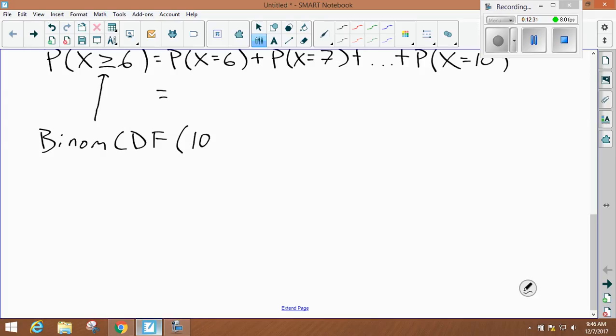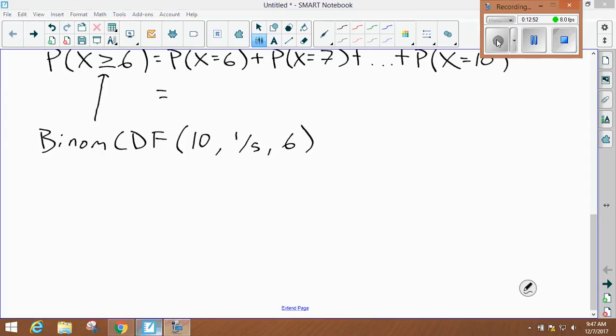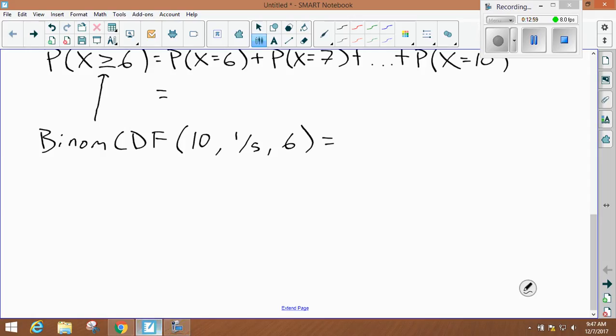And also be careful that when you do this, with n, p, k, when you enter this in your calculator, what it's actually doing is the probability that x is less than or equal to 6, right?